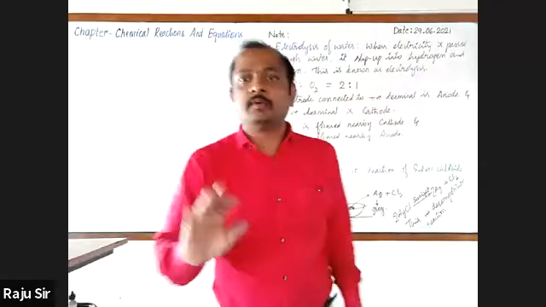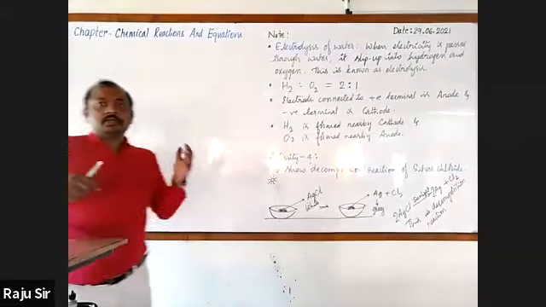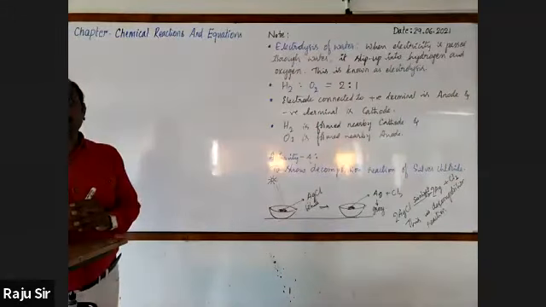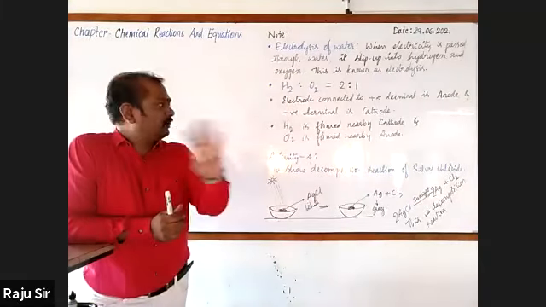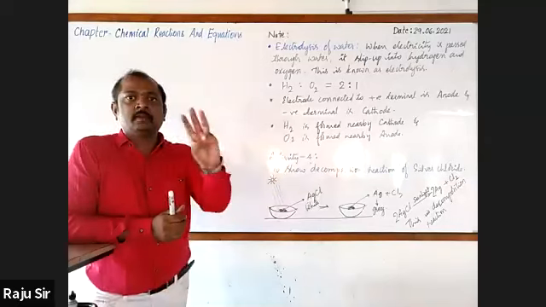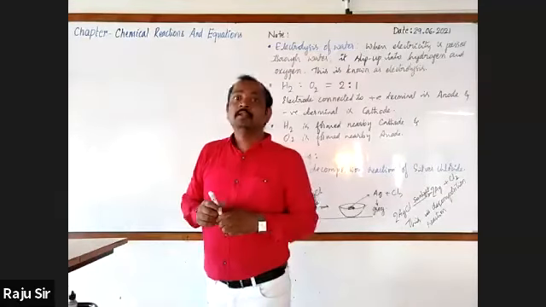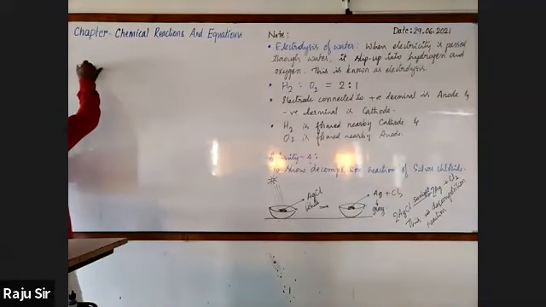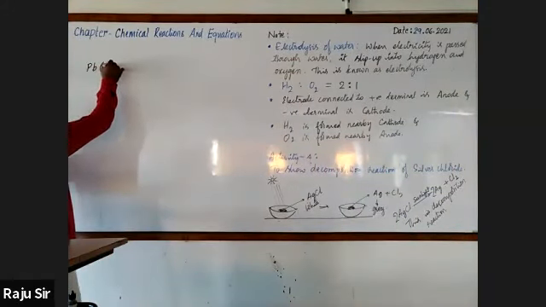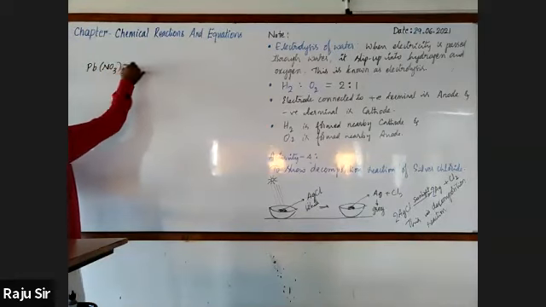Dear students, now I am going to take any 3 chemical reactions that we use in decomposition. We have come across total 4 activities, right? Among these, I'll go for taking 3 activities. One activity is, just observe, lead nitrate, Pb(NO3)2.